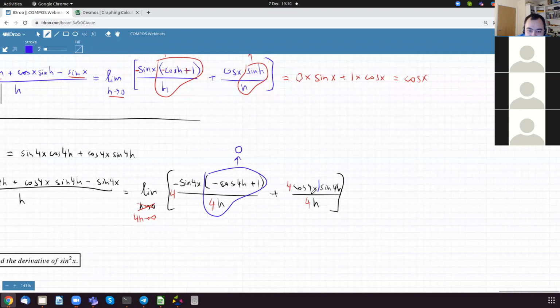And this tends to 1. So this is 0, and this is 4 cos 4x. So the derivative of sine 4x is 4 cos 4x.